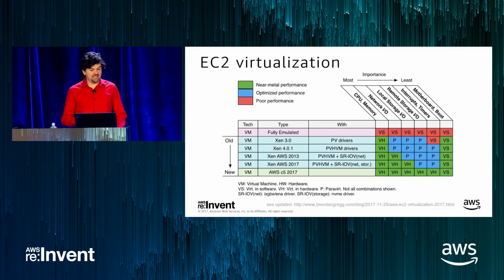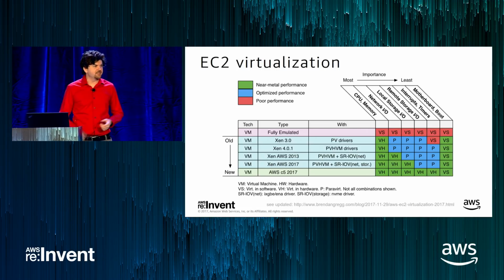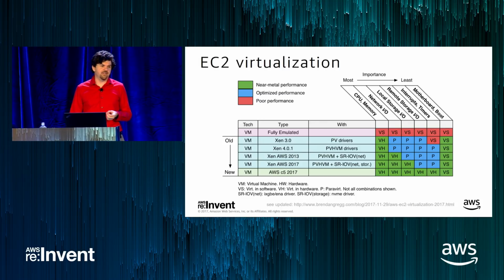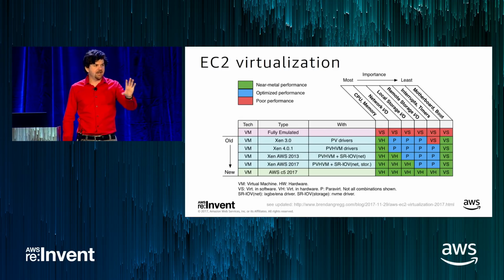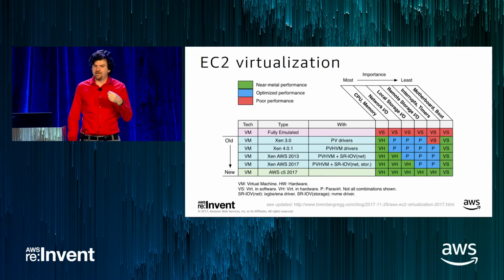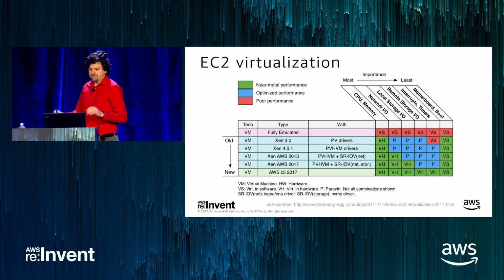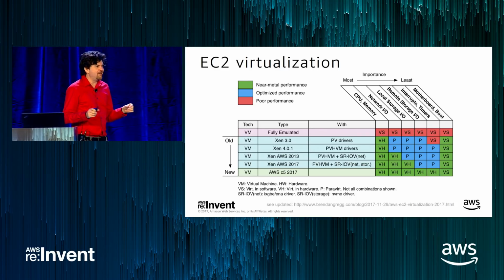And then this year, for Xen AWS 2017, the i3 instance types also let you do local storage as SR-IOV. So this is near metal access. This is where the hardware card itself understands virtualization and can create virtualized instances that guests can directly access.